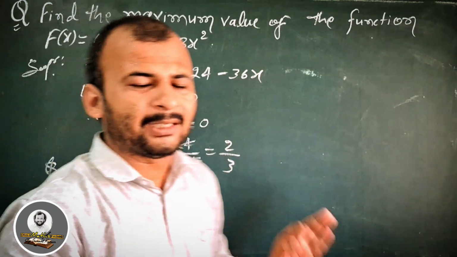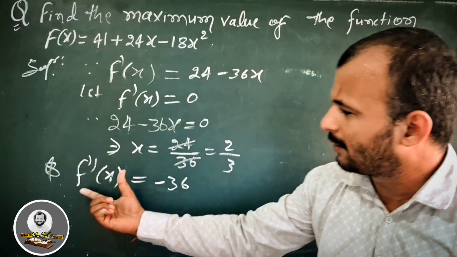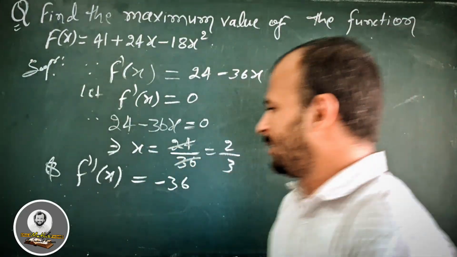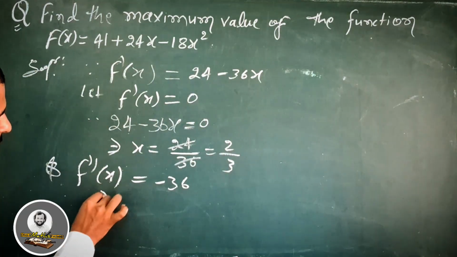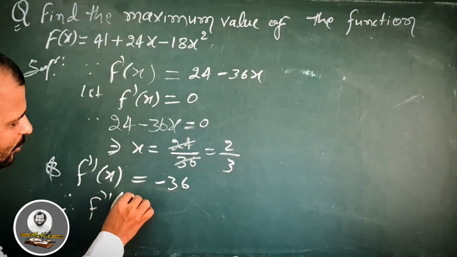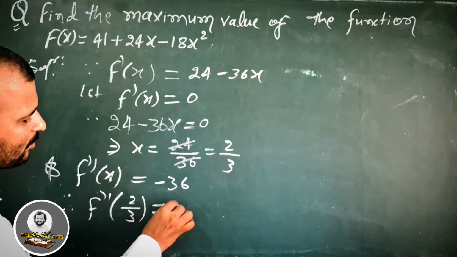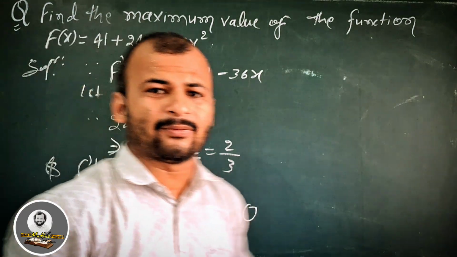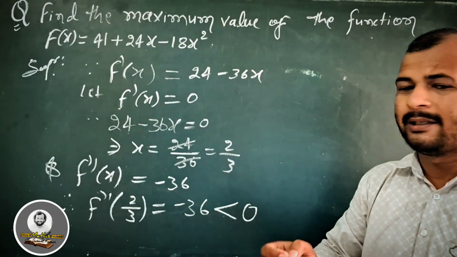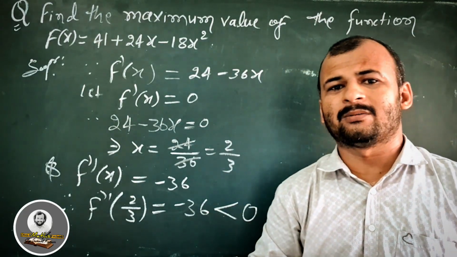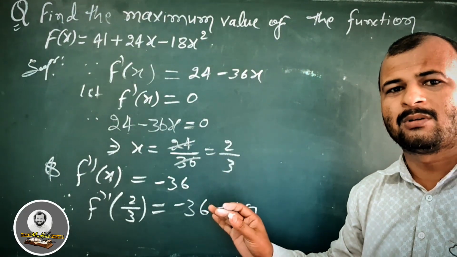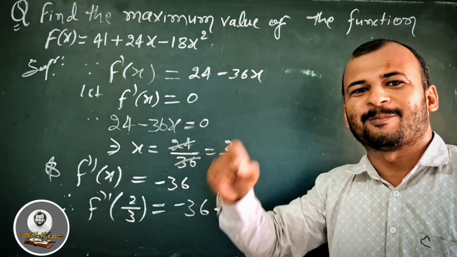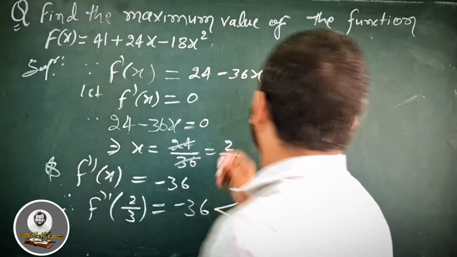If we put the critical point in the second order derivative, meaning in f double dash x, then what do we get? f double dash at 2 by 3 is equal to minus 36, which is less than 0. And we know that if at any critical point the second order derivative is less than 0, then at that point the function gives us a maximum value, right?